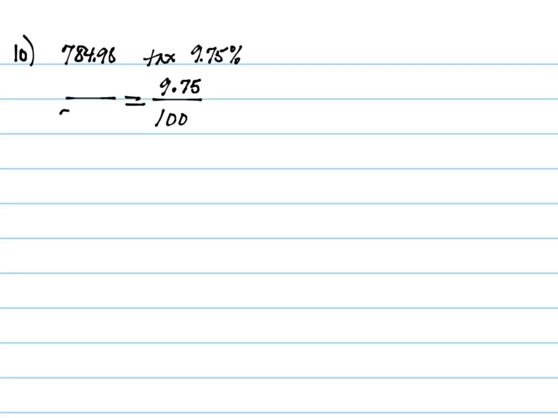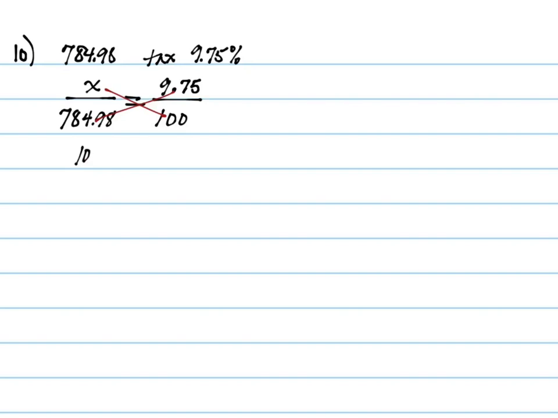The 784.98 is the total price. It's representing 100% of the cost, so it's parallel to, or on the same line as, the 100. The tax corresponds to the tax rate along the top of the equation, and that's what I don't know, so that's going to be my x.